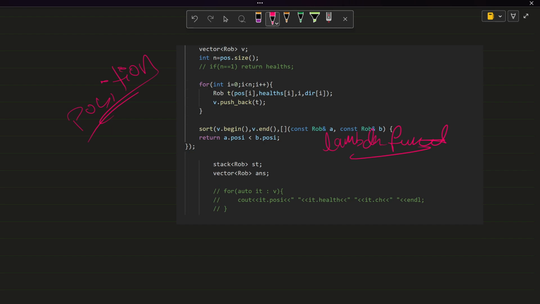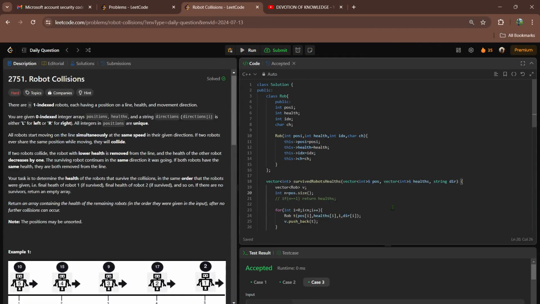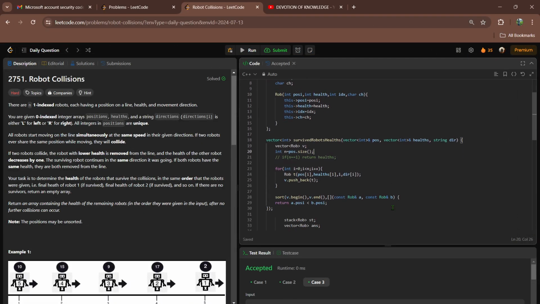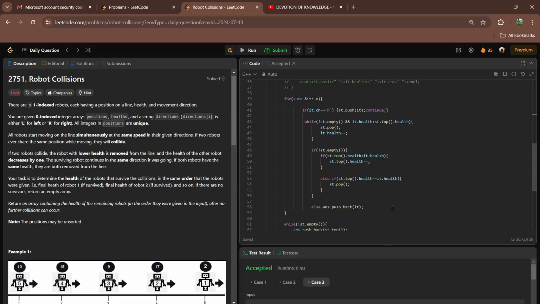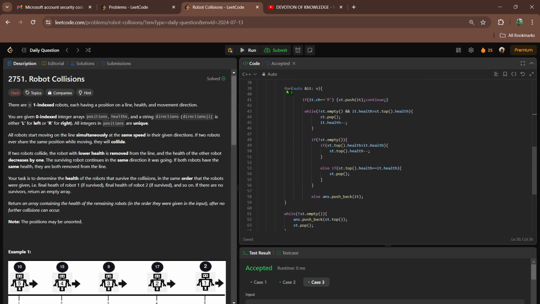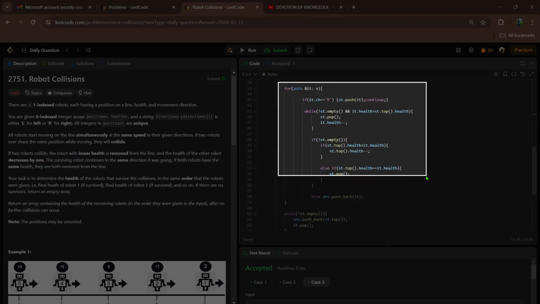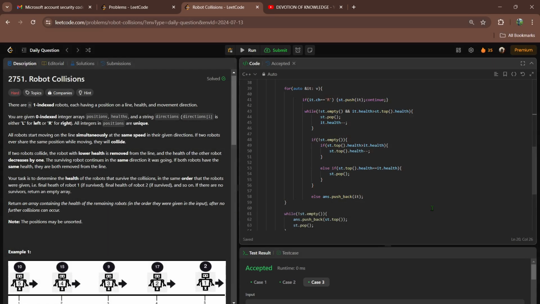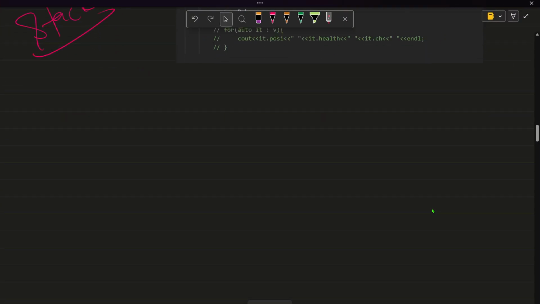Then the main hero comes into the picture: the stack. We will be using a stack of this class, Rob, and a vector of ints. I will explain why we use a vector of ints. Here the main logic is there. Rest of the things will automatically fall into place if you are able to understand this one.